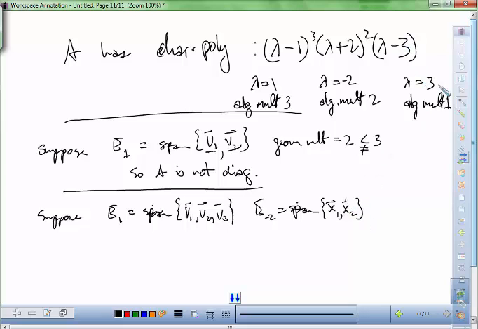And if you have algebraic multiplicity of 1, you're pretty much guaranteed an eigenvector for that. So if the geometric multiplicity is agreeing with the algebraic multiplicity for each of these eigenspaces, then we can say that this is diagonalizable.